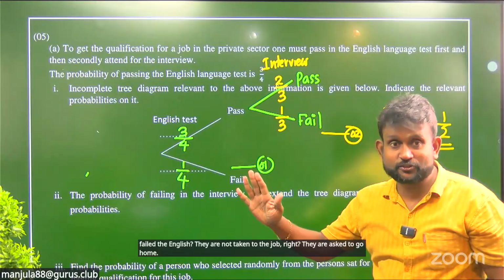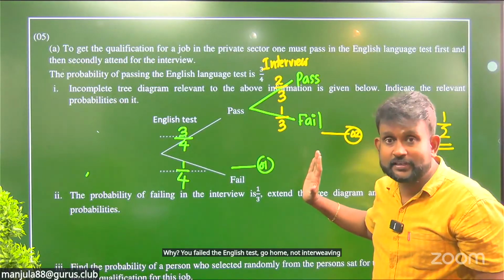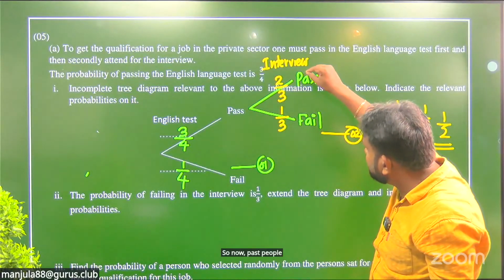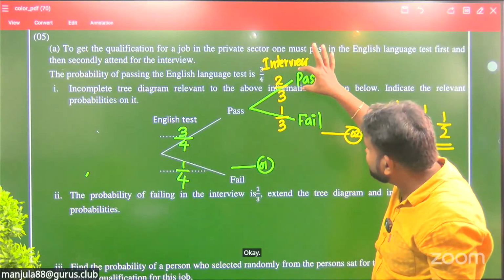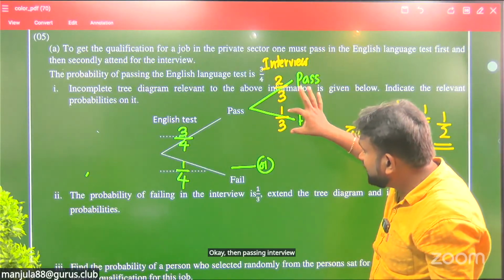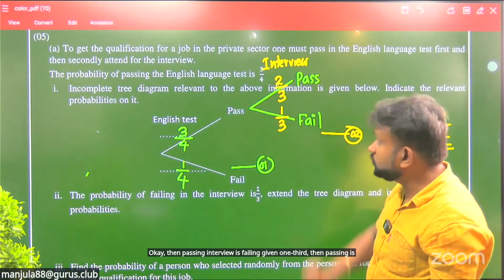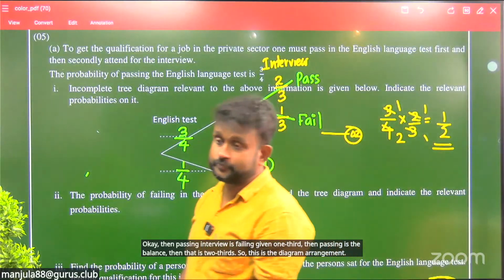You fail the English test, go home, no interview to face there. So now the people who passed are carried to the interview, and they have two results, pass or fail. Then failing the interview is given as one third, and passing is the balance, that is two thirds. So this is the diagram arrangement.